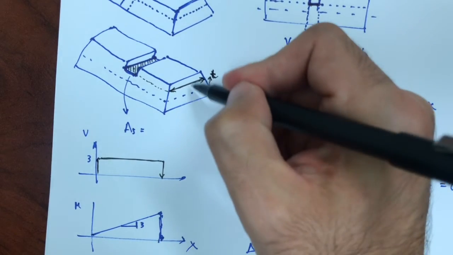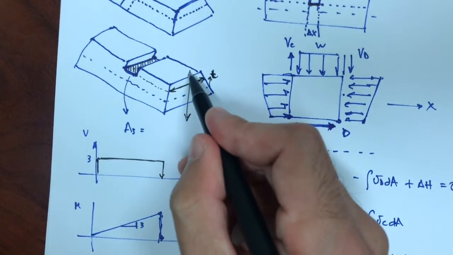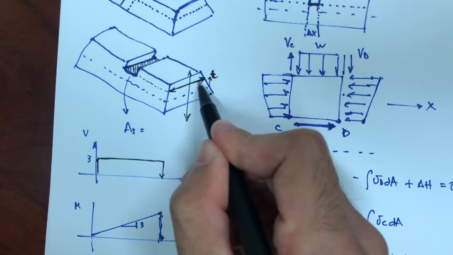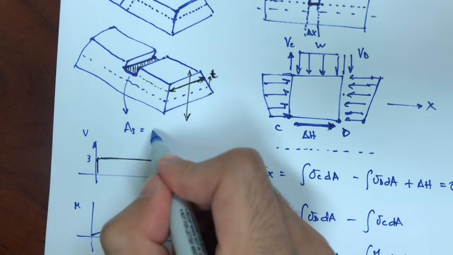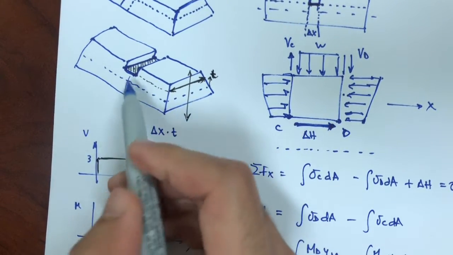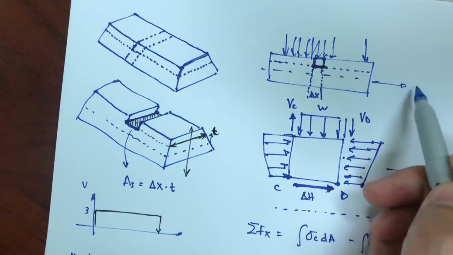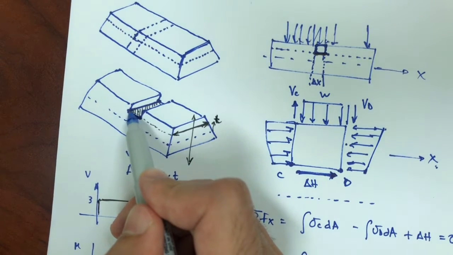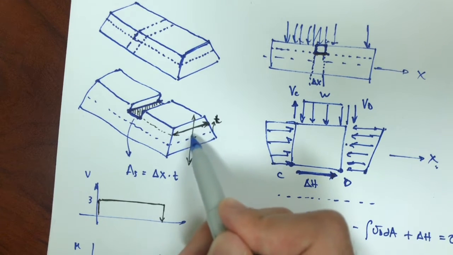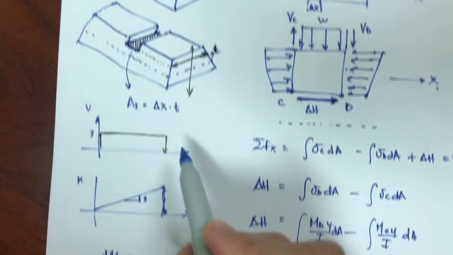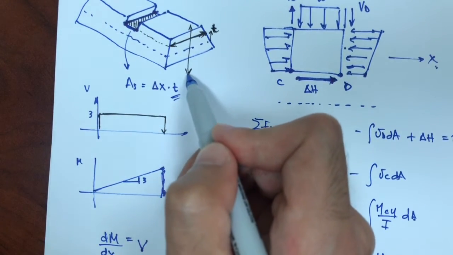So for a shear force V going down or going up, the t has to be perpendicular. Why? Because of what we're doing right now. So that shaded area would be delta x times t: delta x, a small distance in the x direction, times the thickness, the width at a specific value of y from the neutral axis. And that's why t has to be perpendicular to the shearing forces.